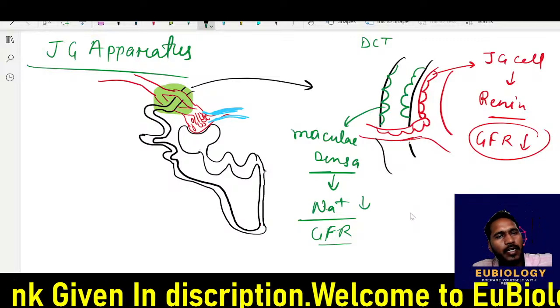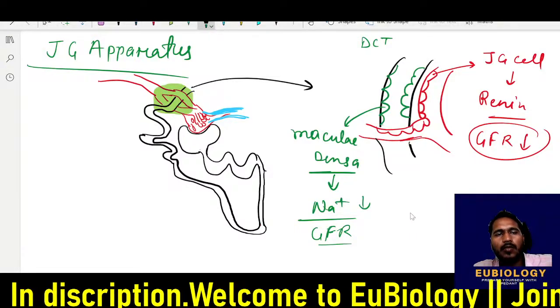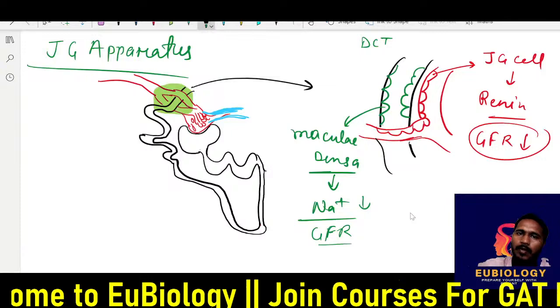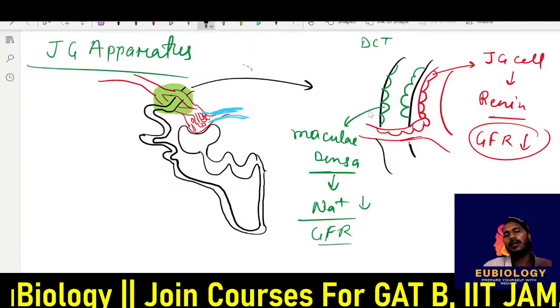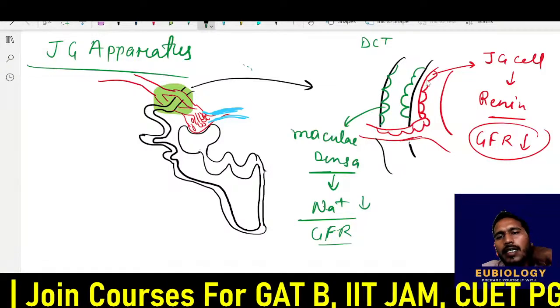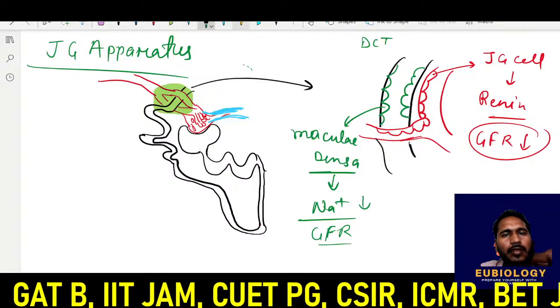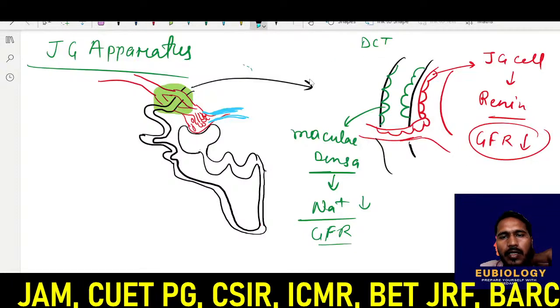So the JG apparatus, the juxtaglomerular apparatus, maybe you understood, has three things in it: the macula densa, the JG cells, and in between them there is one tissue.